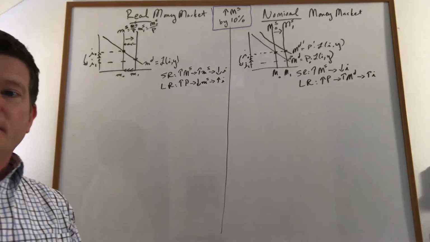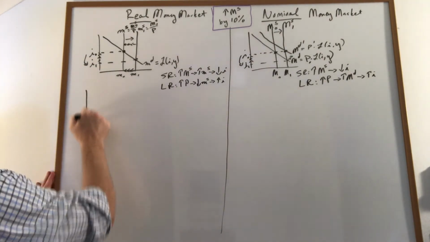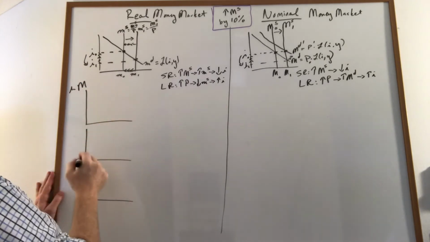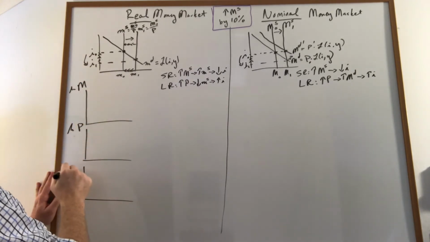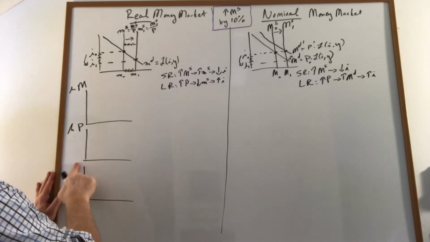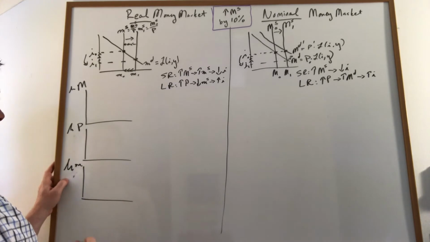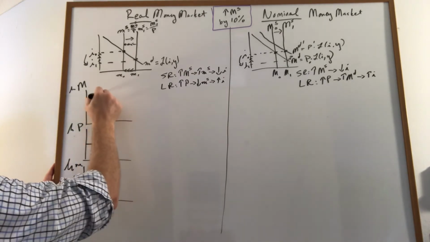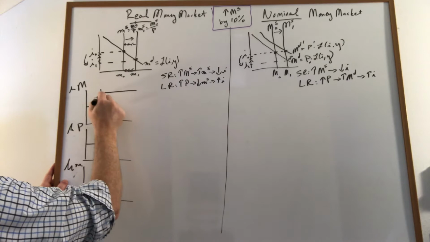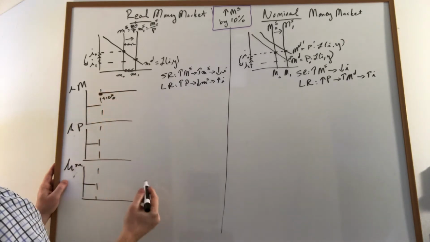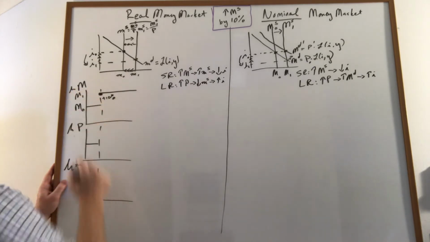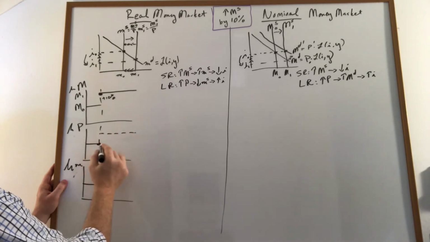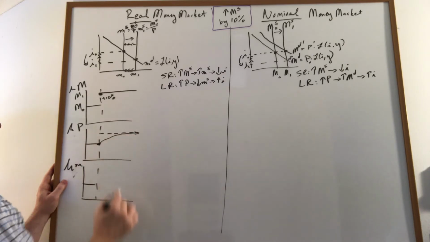In a time path, it's going to look like this. So we have the log of the money supply, the log of the price level, and interest rates. Sorry, the log of the real money. We started in steady state, as we always do. This increased. So the money supply, this is our plus 10% change in the money supply. The price level, we know it will go to here. It doesn't change immediately, so it begins to rise like this.